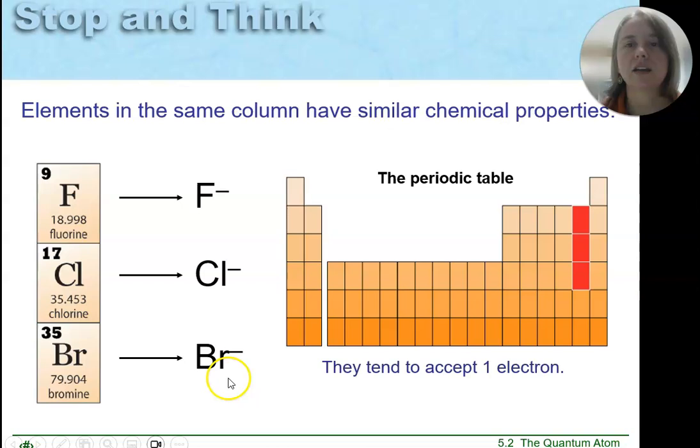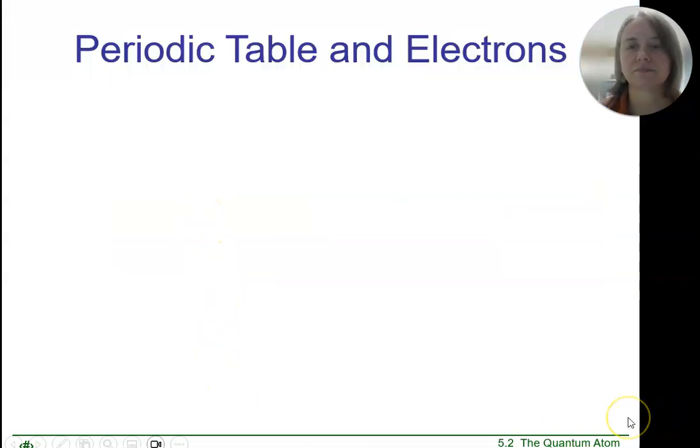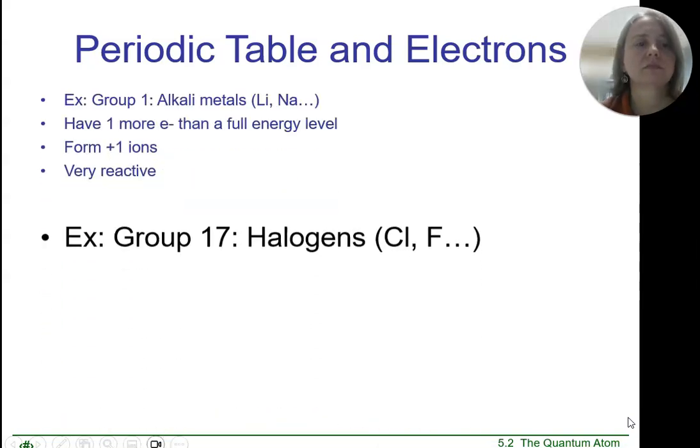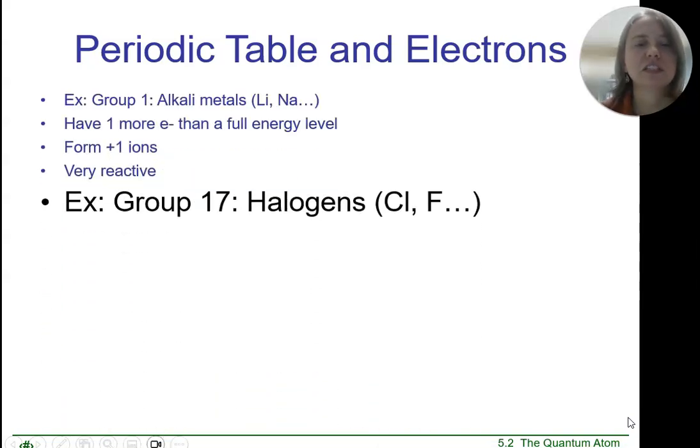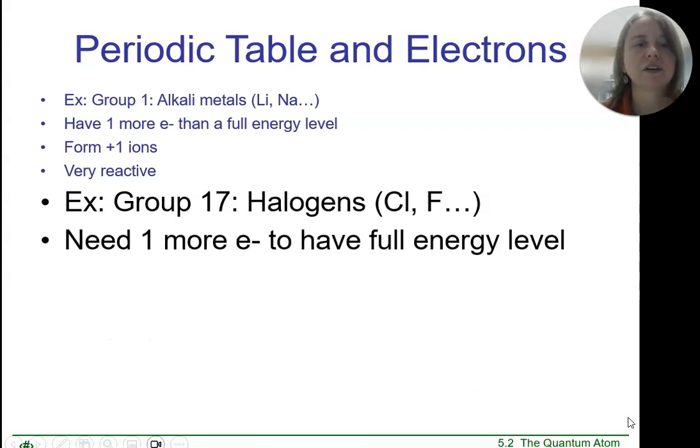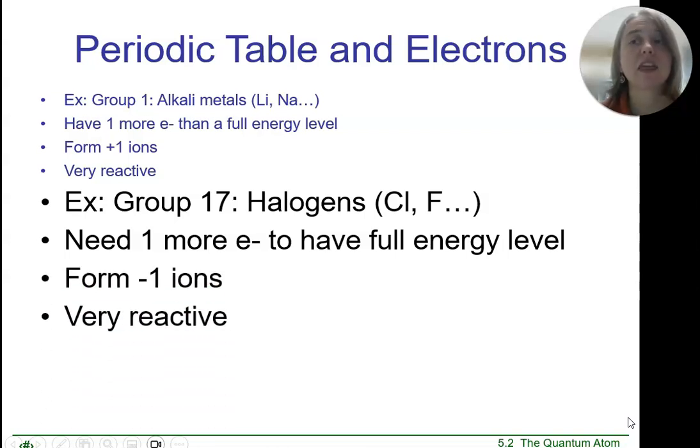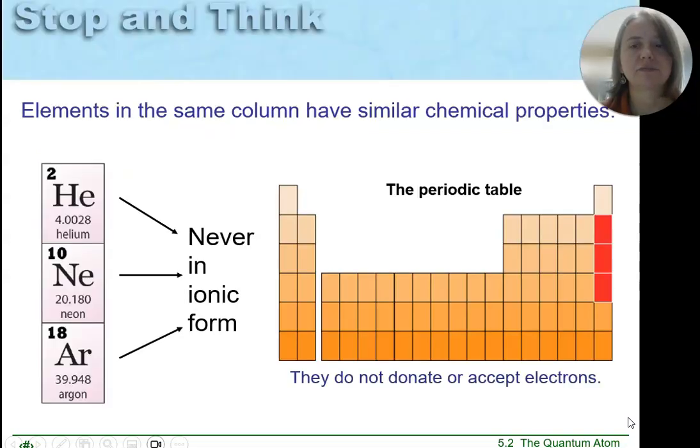Fluoride ions, chloride ions, and bromide ions. So please write this down. Group 17, the halogens, chlorine, fluorine, bromine, iodine. They need one more electron to have a full energy level. So they form -1 ions, and they are very reactive.